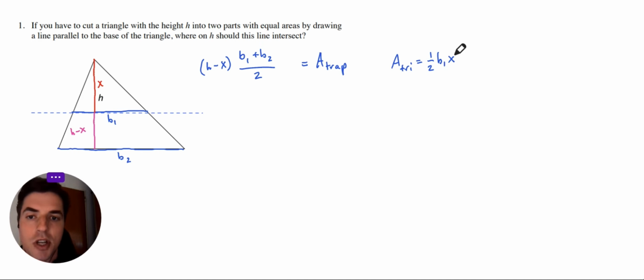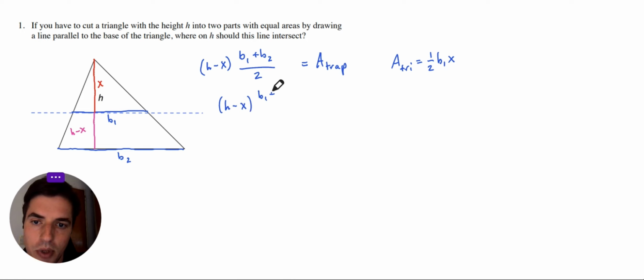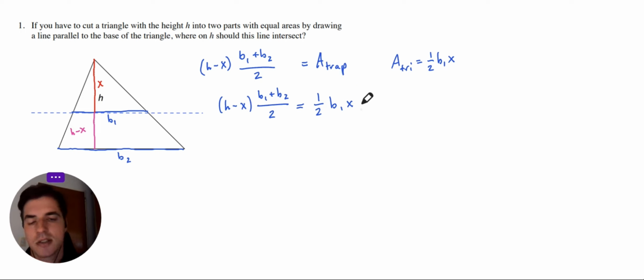We can set these equal to each other and combine like terms maybe. So let's go ahead and do that. We have (h minus x)(b1 plus b2) over 2 equals 1/2 b1x.